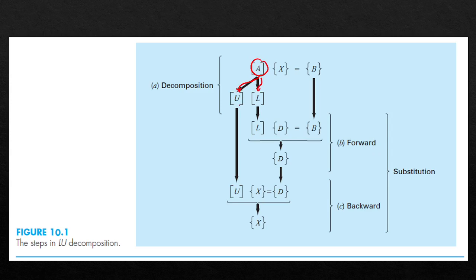We have an upper triangular matrix that has the values of your main diagonal, and for the lower diagonal matrix, the main diagonal is equal to 1 and the rest will be copied. And first, the lower diagonal triangular matrix will be multiplied.